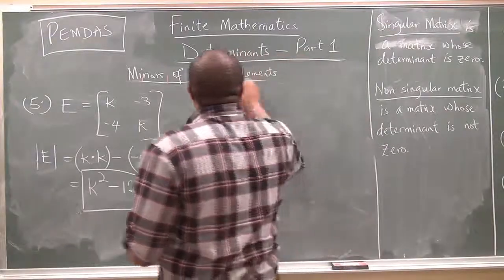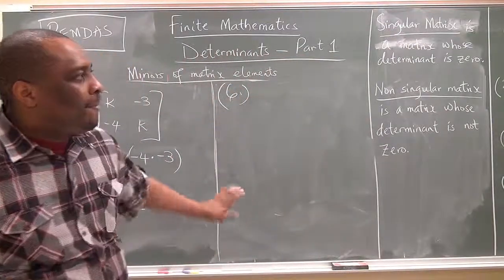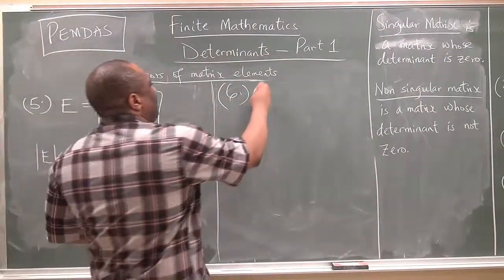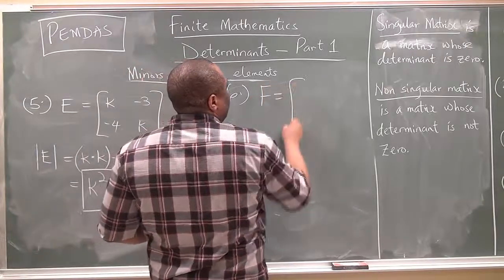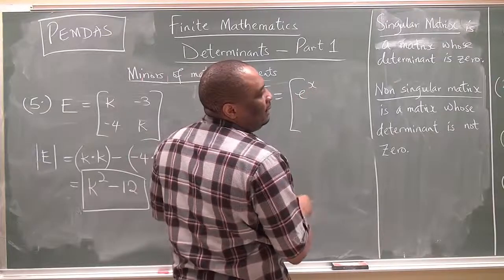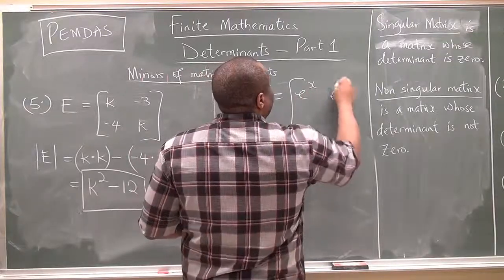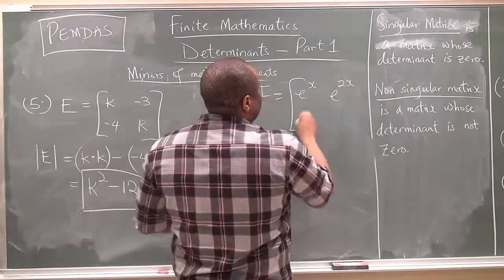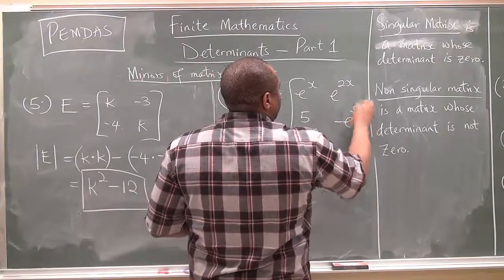Okay? Now 6. Matrix F is exponential function e to the 2x, 5, and then negative e to the x.